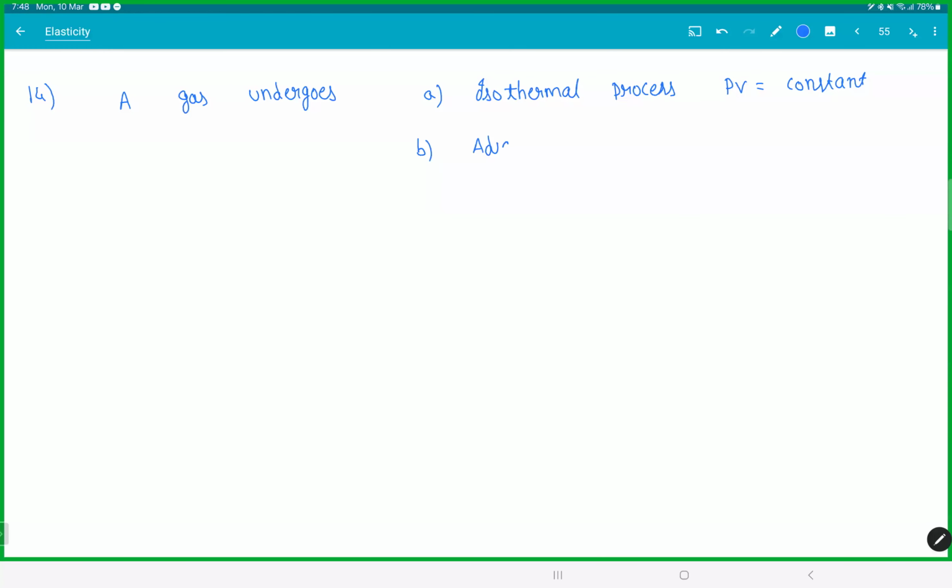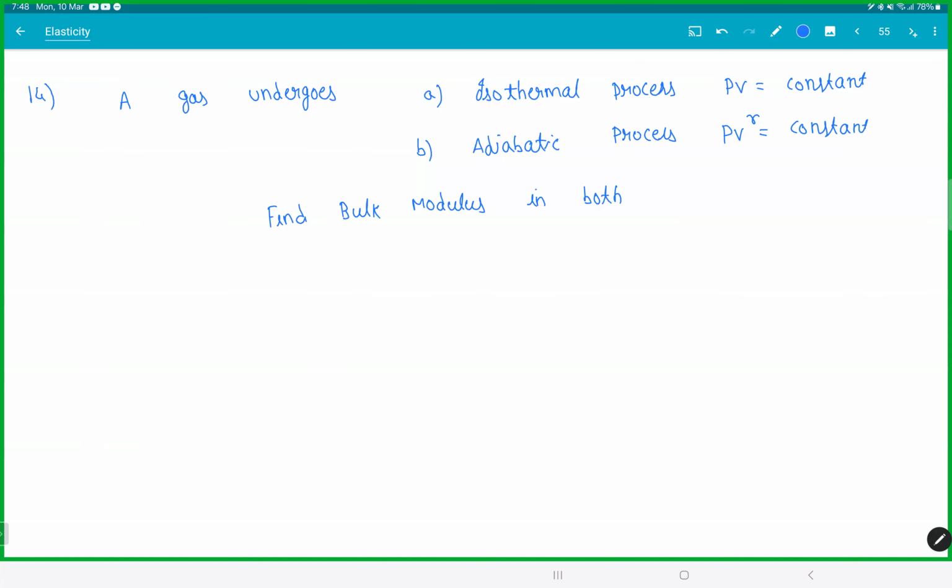Case 2, an adiabatic process: PV to the power gamma is equal to constant. Find the bulk modulus of the gas in both the cases. This is how they'll combine thermodynamics with bulk modulus.